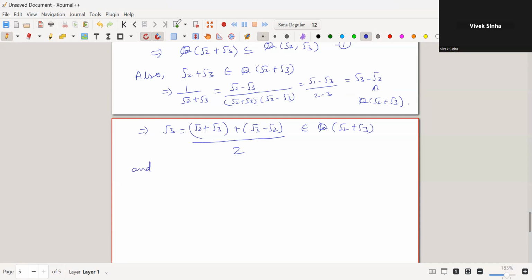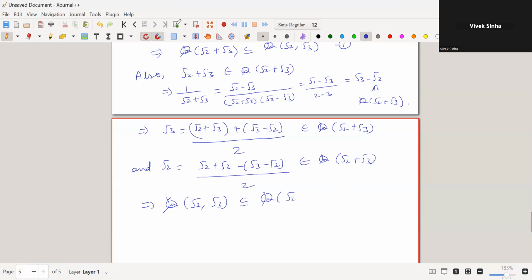And root 2, which is root 2 plus root 3 minus root 3 minus root 2, divided by 2, is also inside Q(root 2 plus root 3). And that implies that this field Q(root 2, root 3) is also inside Q(root 2 plus root 3). Okay, I hope that is okay.